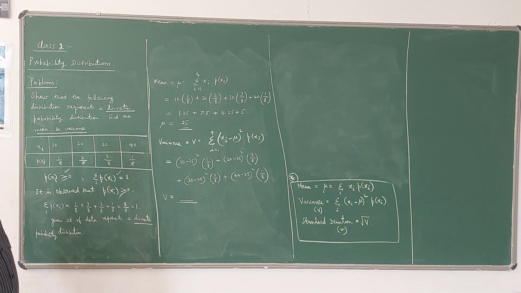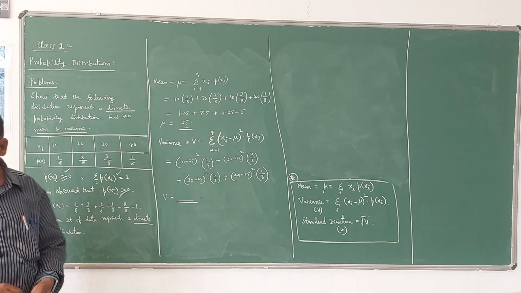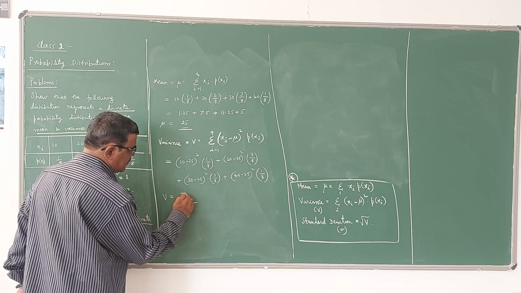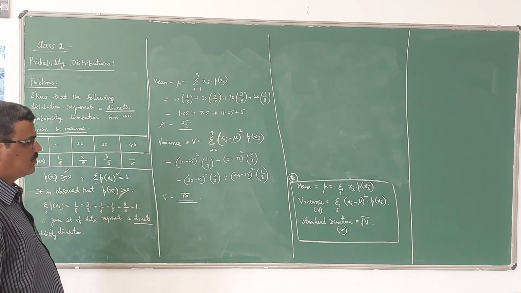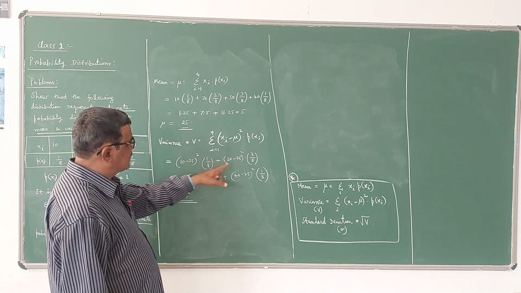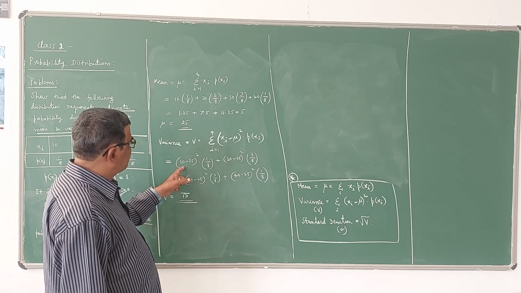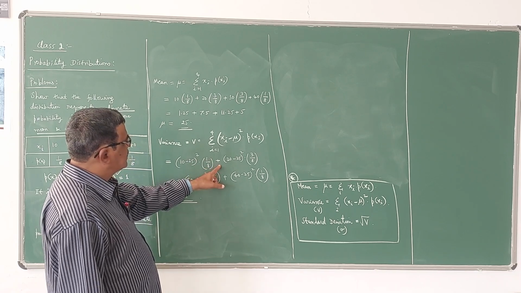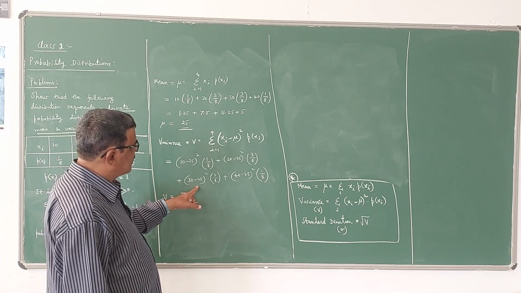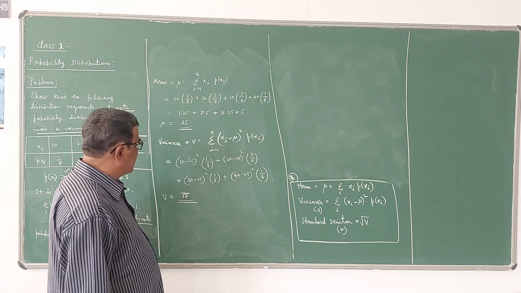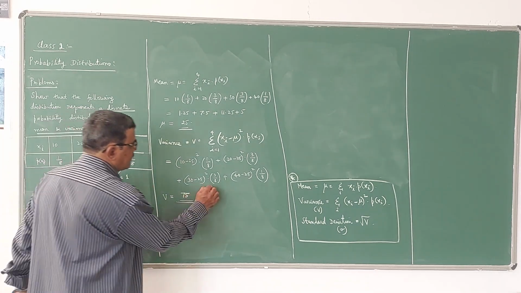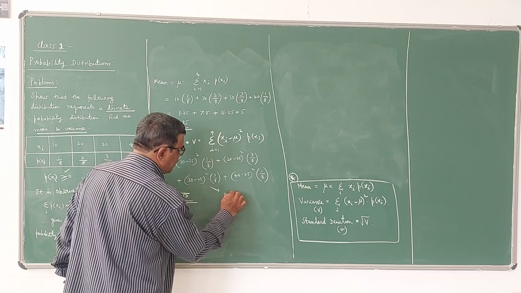You can add the squares like this and then divide by 8 finally. 15 square plus 3 into 5 square plus 3 into 5 square plus 15 square, divided by 8. 1 by 8 you can take common.